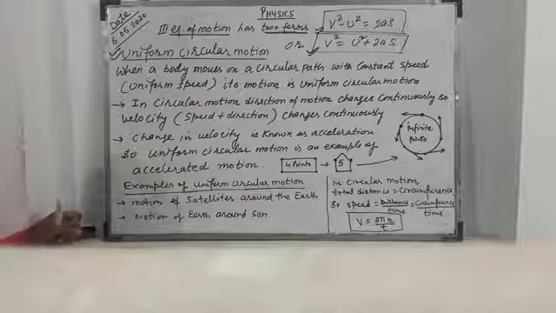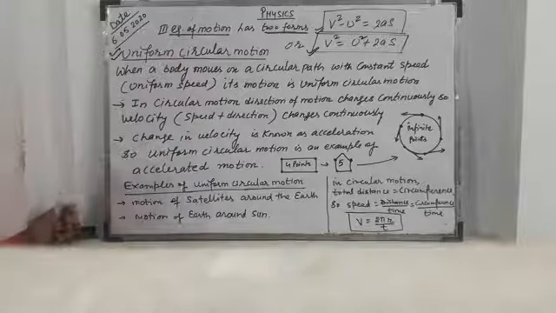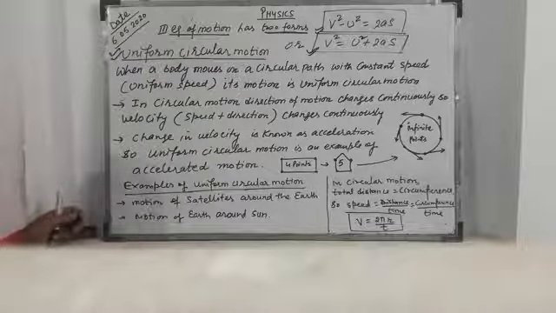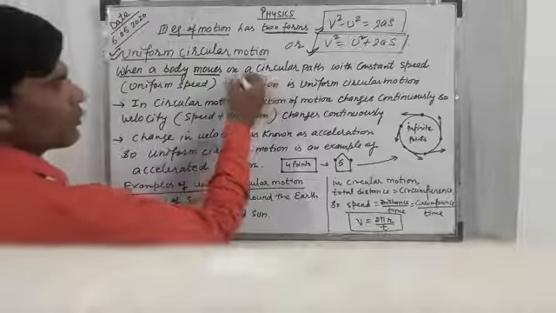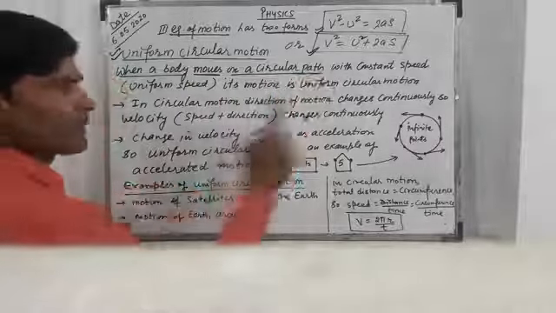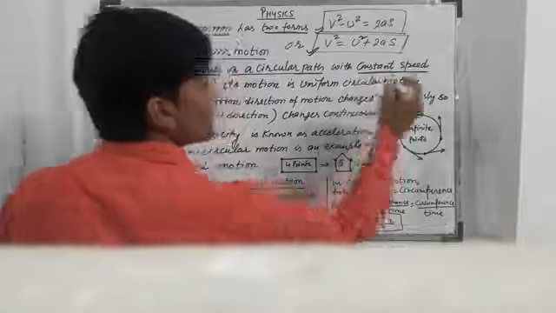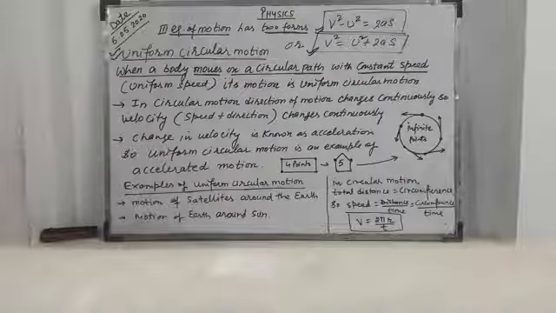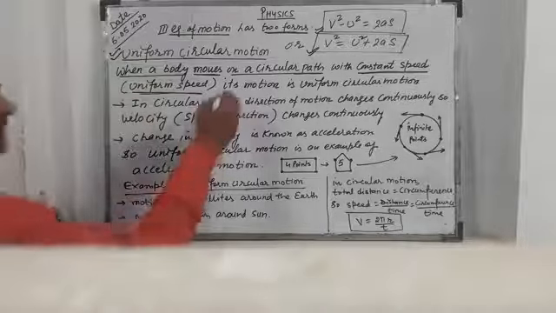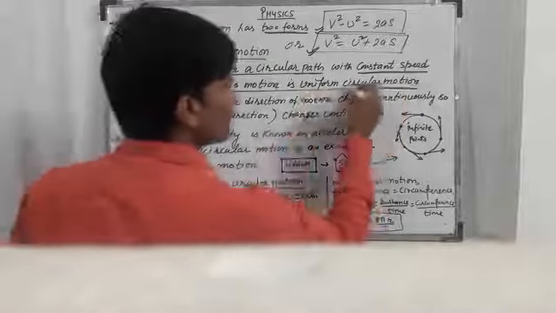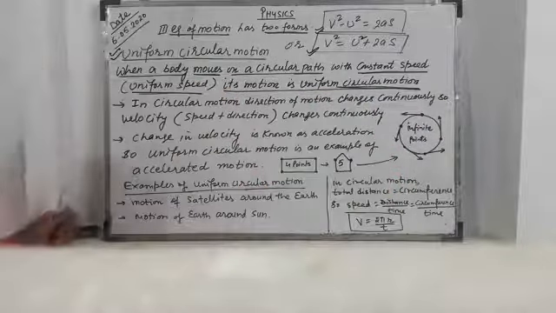What is the meaning of uniform circular motion? It means when a body moves on a circular path with constant speed or uniform speed, its motion is uniform circular motion.